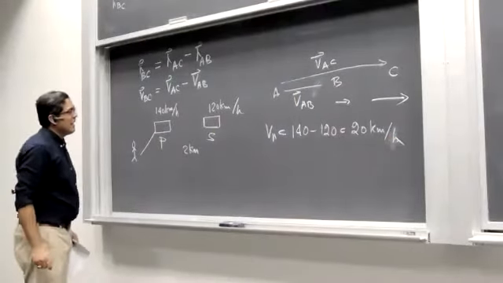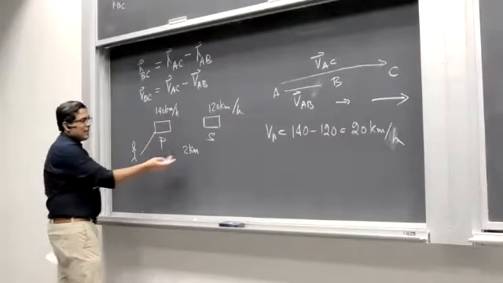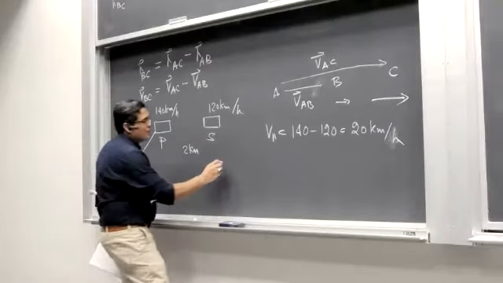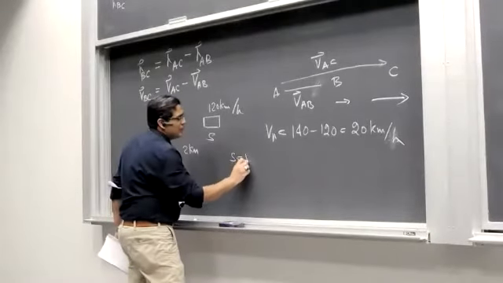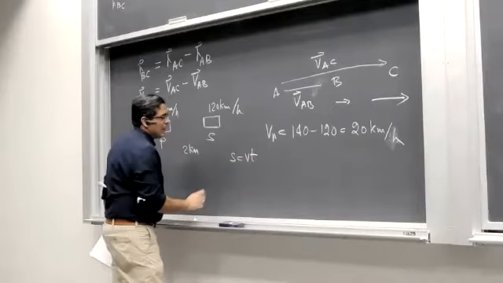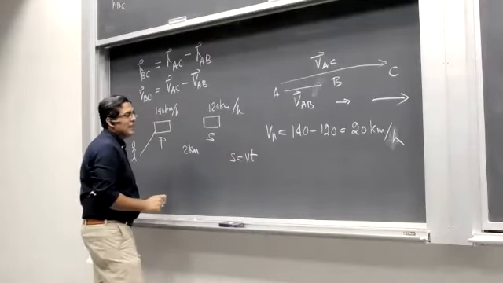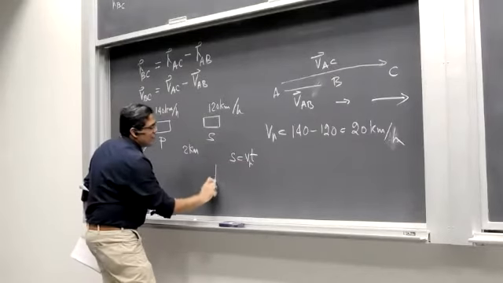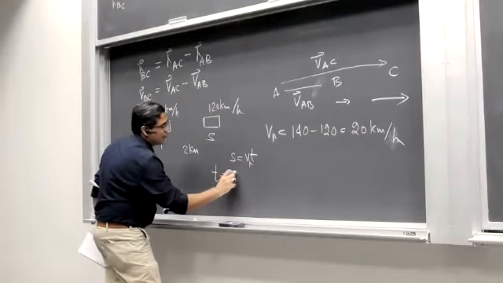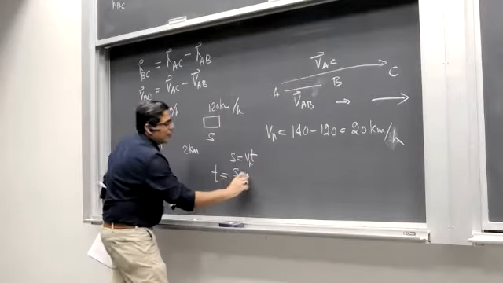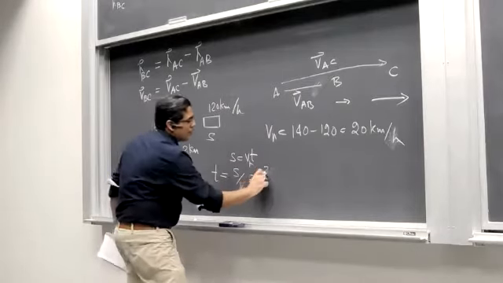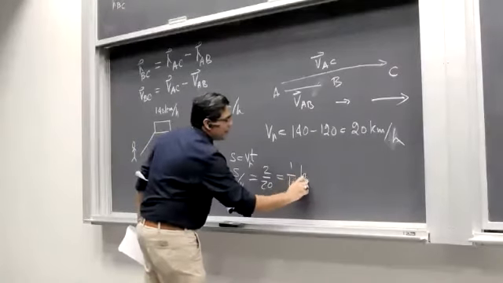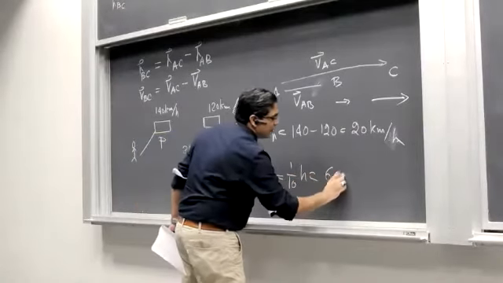All right. And then since the distance between them is 2 kilometers, we just use this simple formula, S is equal to VT. We already know the relative velocity and the distance. We need to find how long she has to chase. So S over V is 2 over 20, or 1/10 of an hour, which is 6 minutes.